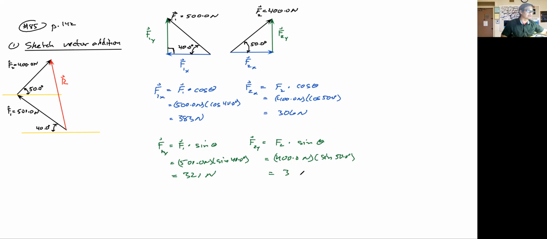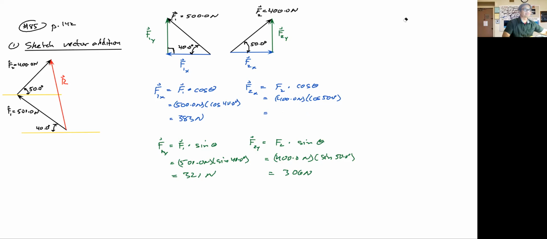Sorry, let me just check my work. I think I made a mistake up here. So this is 400 times the sine of 50. This is 257, you guys. Sorry about that. Something looked strange up here. So this is 257.